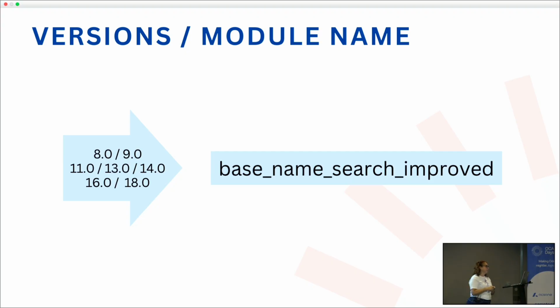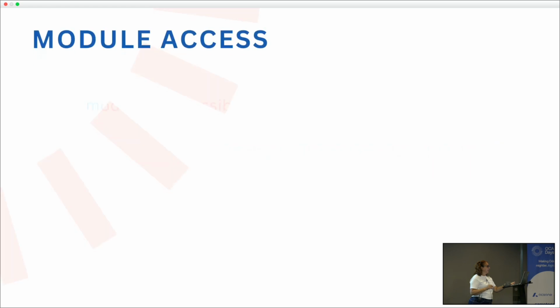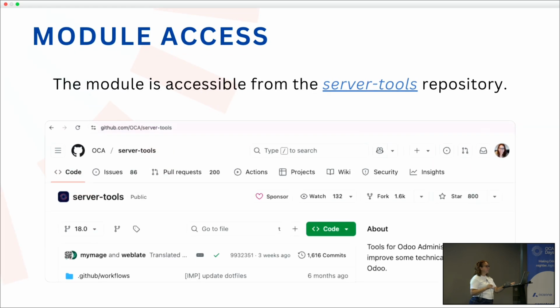So if you look for it, you will need to look at B and not N for name search. To access this module on GitHub, you will have to go to the Server Tools repository. Sometimes I find it hard to find some modules. I don't know which repository they are in, so that's why I say it here. So it's easier for you to find it afterwards.